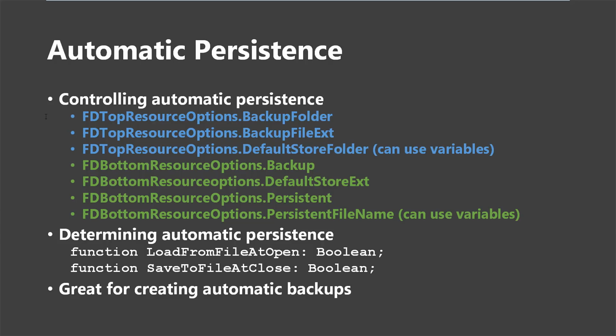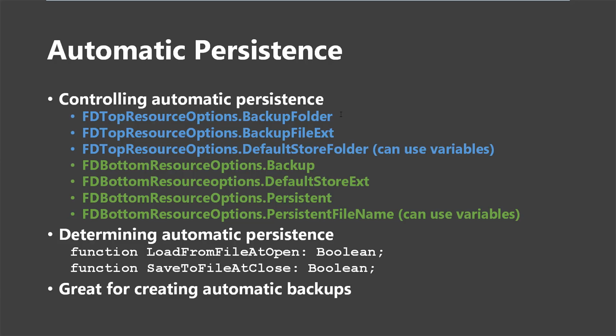Now, I referred to resource options multiple times, but there's actually two resource options classes that you have. In the FD connection and FD manager classes, their resource options type is FD top resource options. In the individual FireDAC datasets, such as FD query and FD table and FD memtable, the resource options property is type FD bottom resource options.